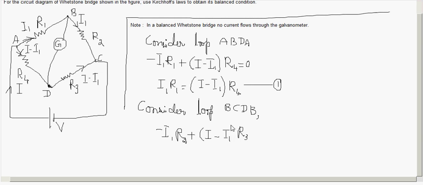Then we have a branch which consists of the galvanometer, which is neglected because there is no current, equal to 0. Or rewrite this equation as I1 into R2 equal to I minus I1 into R3. Equation number 2.